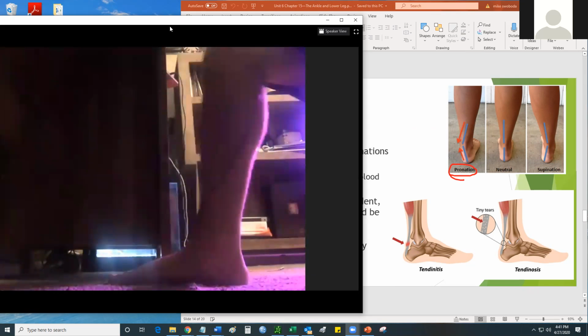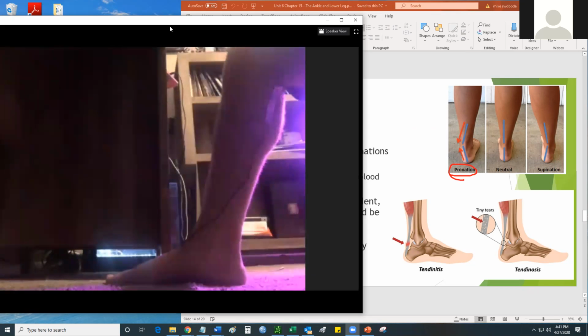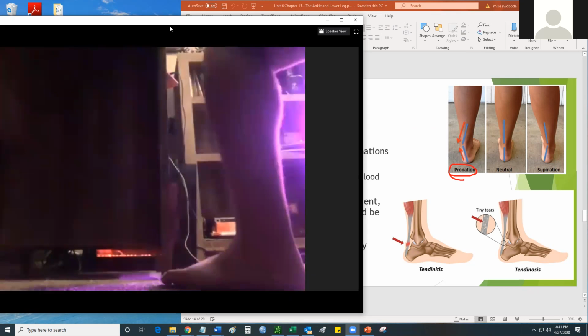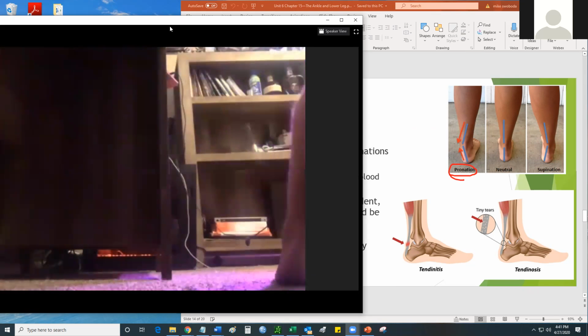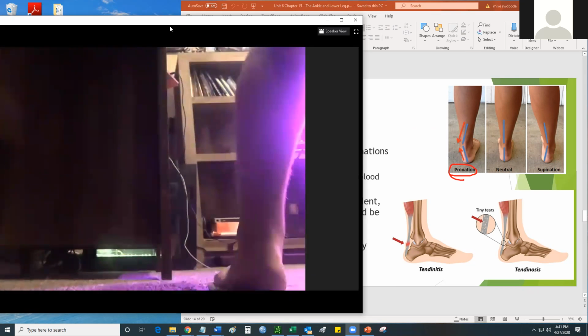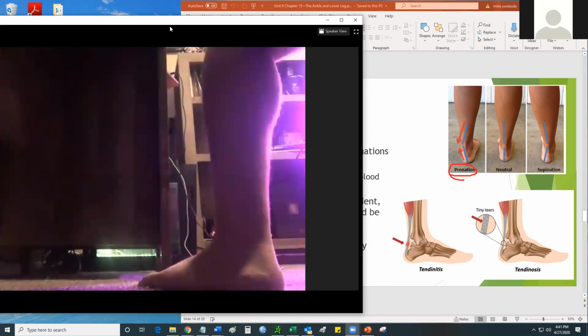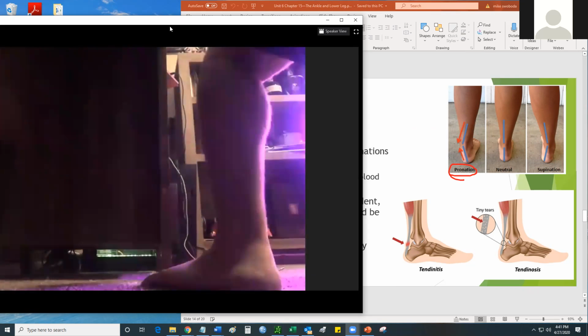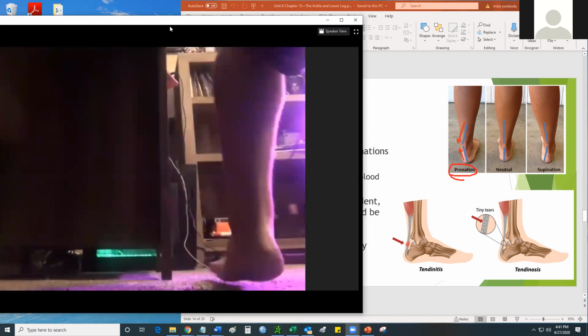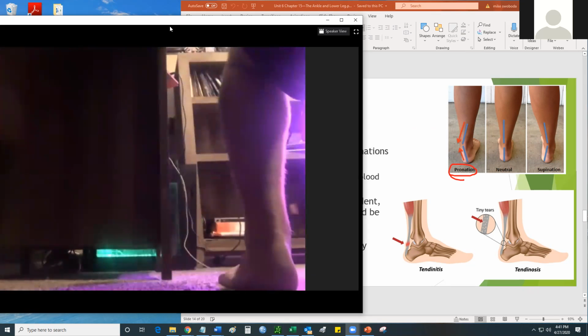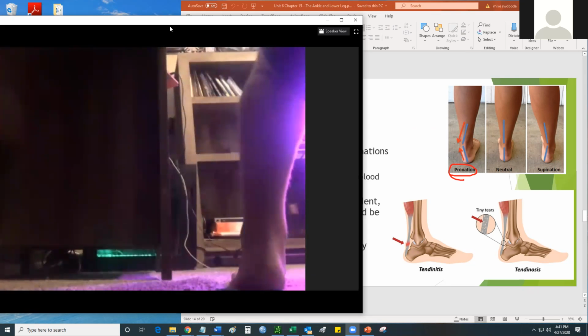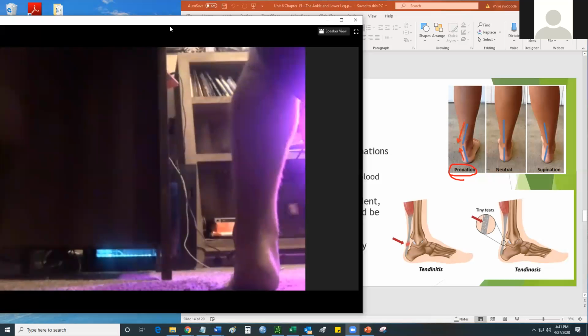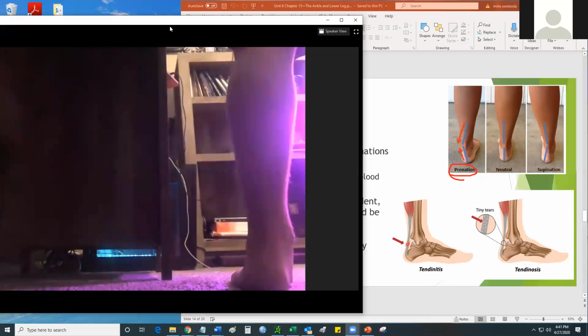So it's easiest to see this when you look from behind. So hopefully I can position this so you can all see. All right, there we go. So if you look, my foot looks pretty neutral there. And now when I stand up, you see how it collapses inward.